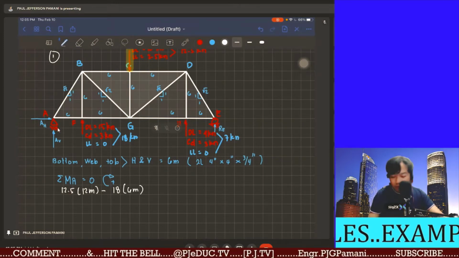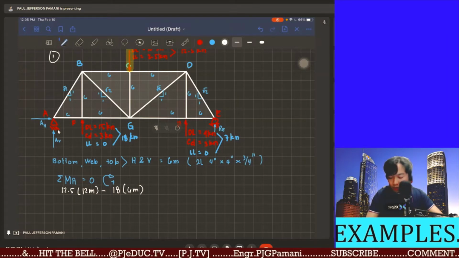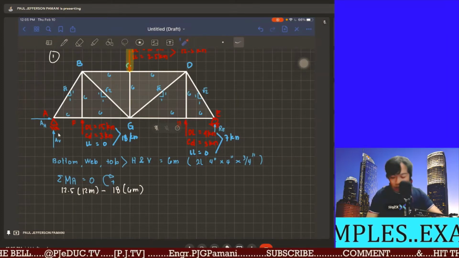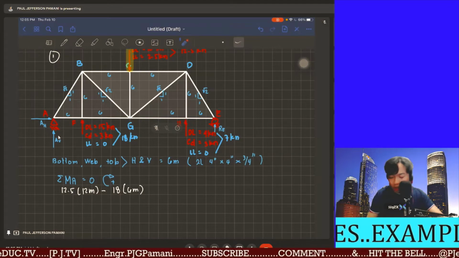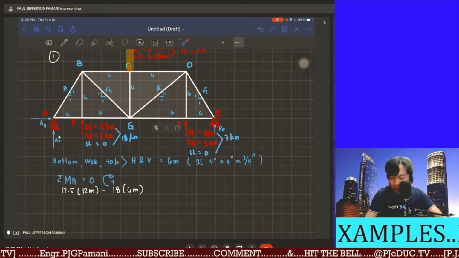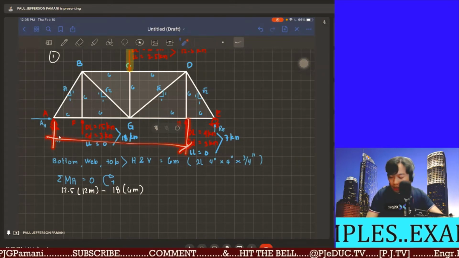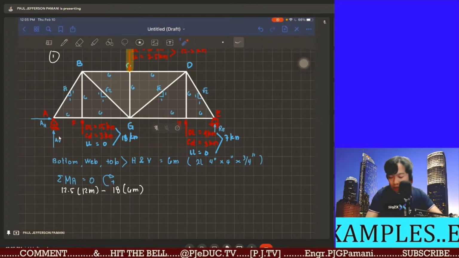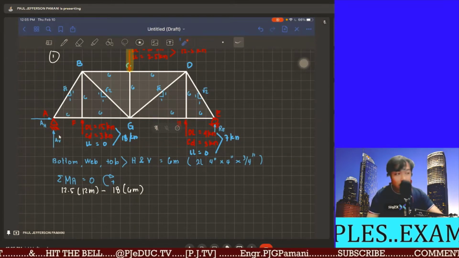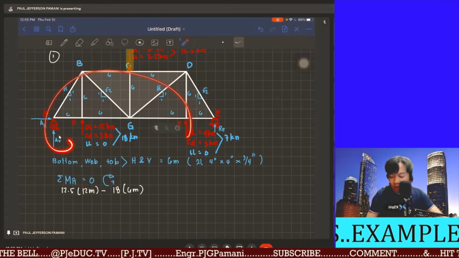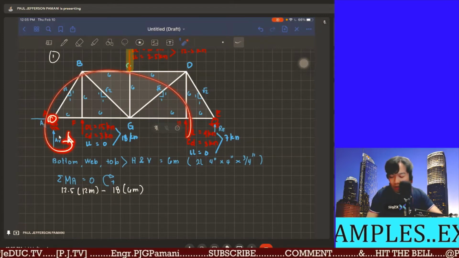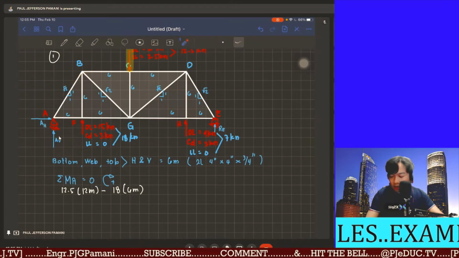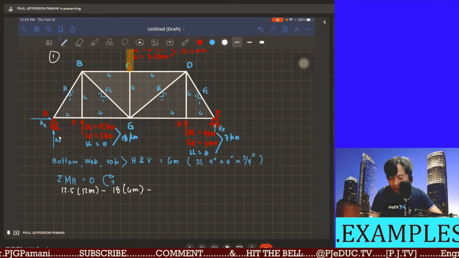Meron pa? That is the vertical load at joint H upward going point A. Gaano kalayo? That is 6, 6, and 6. 6 times 3, 18 meters. Clockwise, counterclockwise. Of course, counterclockwise towards point A. So that is negative what? 7 kilonewton.